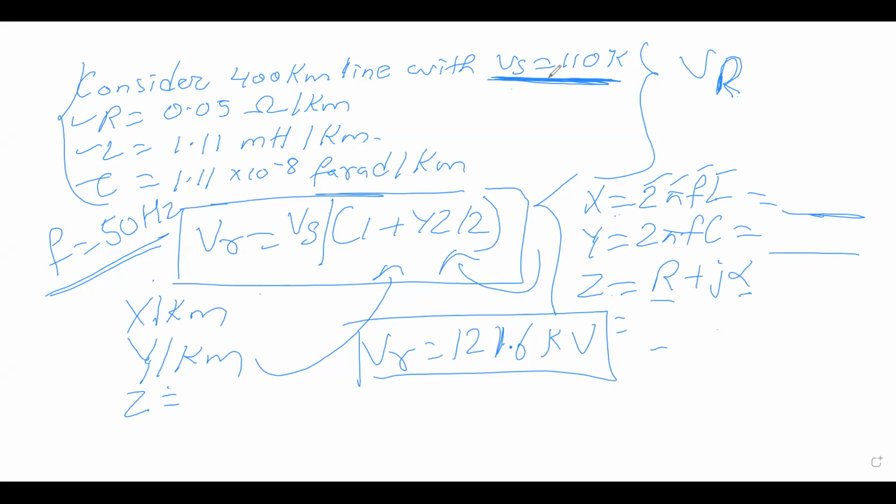So you could observe that our sending end voltage is 110 and our receiving end voltage is 120. This is the thing, right? And as I told, the effect is that we have a 400 kilometer line.